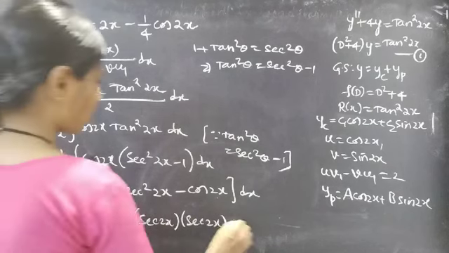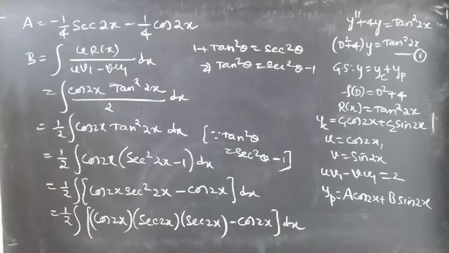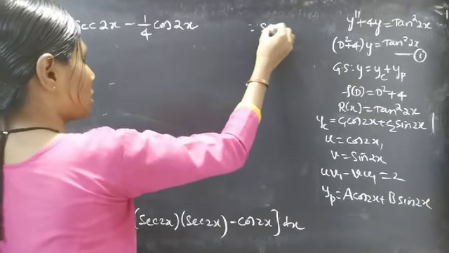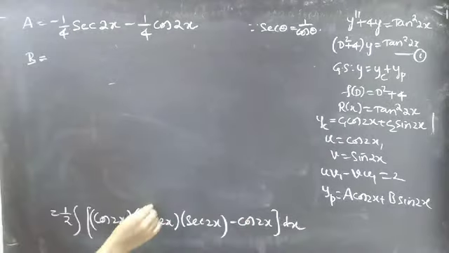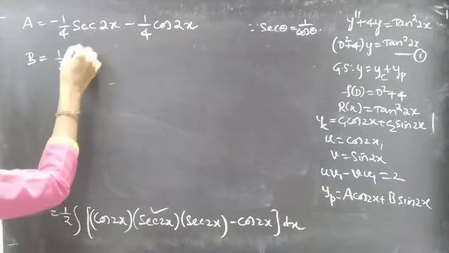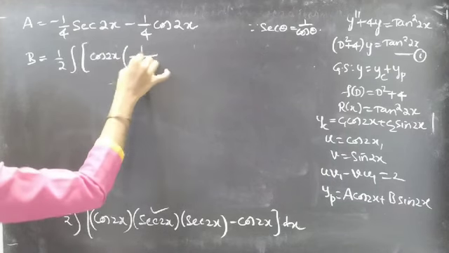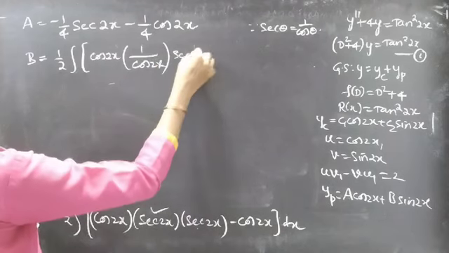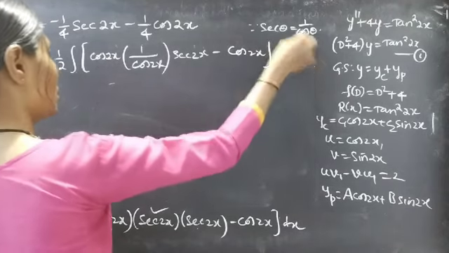Okay, minus cos 2x into dx. Since secant theta is the reciprocal of cos theta, we'll replace secant with the reciprocal of cos theta. Then we'll get b equal to 1 by 2 integral of cos 2x into 1 by cos 2x, that is secant 2x, minus cos 2x into dx.